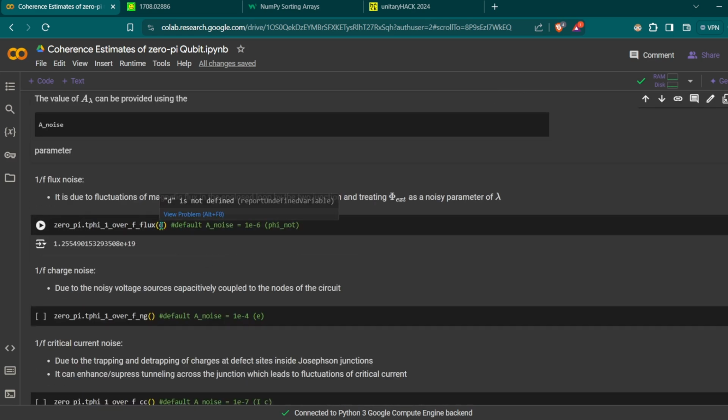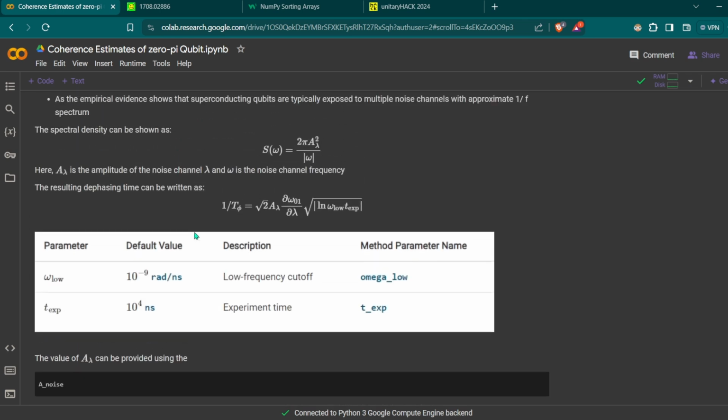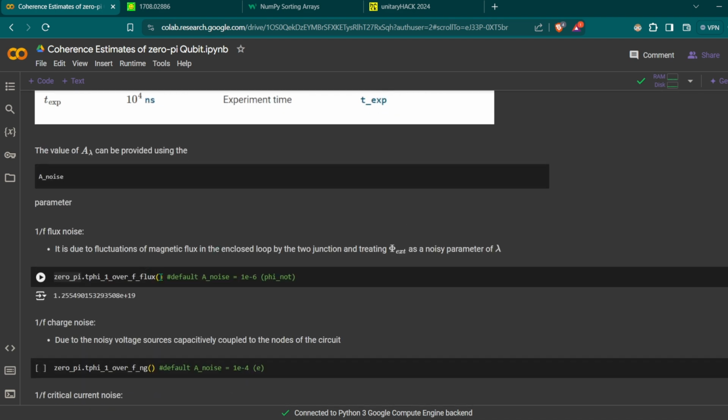If we call this method over our 0 pi qubit, we get a value of the order of 10 to the power 19. By definition, this is the value for 1 over T_phi. If we want T_phi, we can directly introduce the parameter get_rate and set it to true, and then we get the value in nanoseconds.